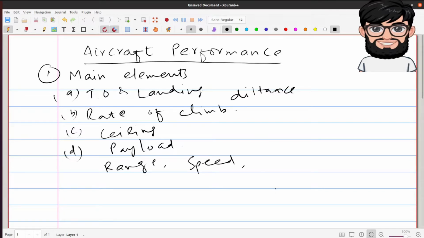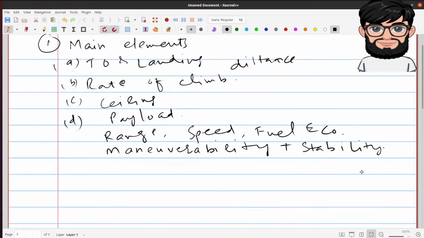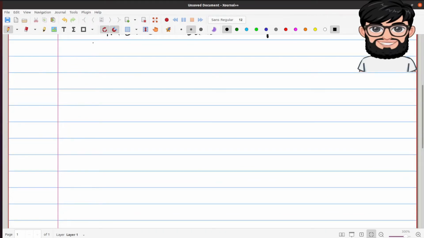We've got the fuel economy. Then we've got the maneuverability and stability. So basically what it means is, when we're talking about the performance, we need to be concerned about these things.